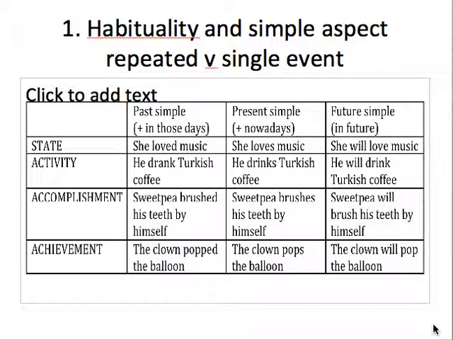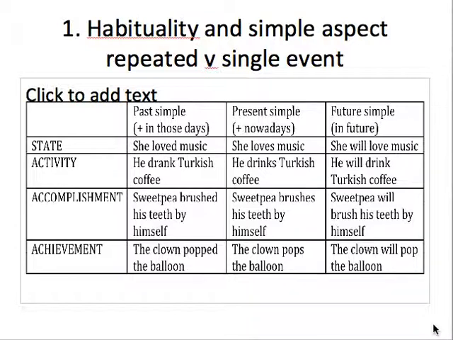And then similarly with future, she will love music in future. So it's a projection or prediction of a future habitual activity or state. He will drink Turkish coffee in the future. Sweet Pea will brush his teeth by himself in the future when he gets older.